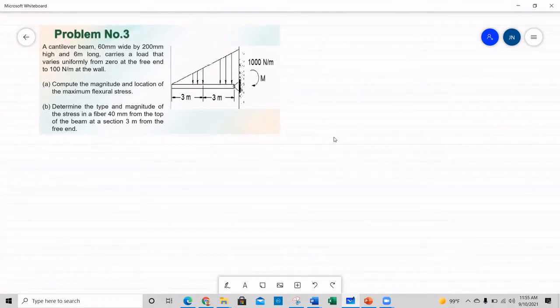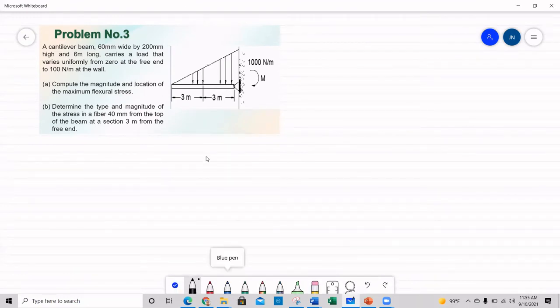So we have here a cantilever beam. Again, we have 60 millimeter. This is the beam. This is 60, and this is 200.